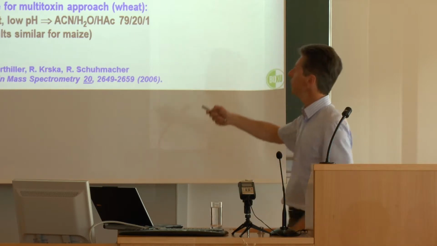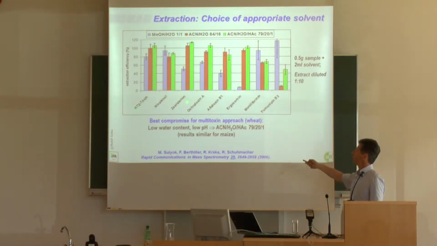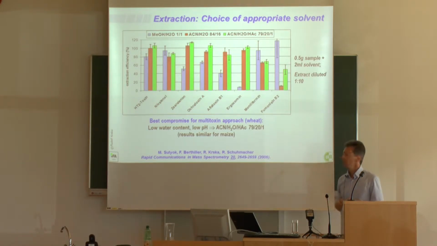Here you see representatives: HT2 toxin and zearalenone as more apolar ones, nivalenol as a polar one, and fumonisin as an acidic polar one. On the y-axis we see the extraction efficiency in percent, and in blue the recovery obtained when extracting with methanol water.